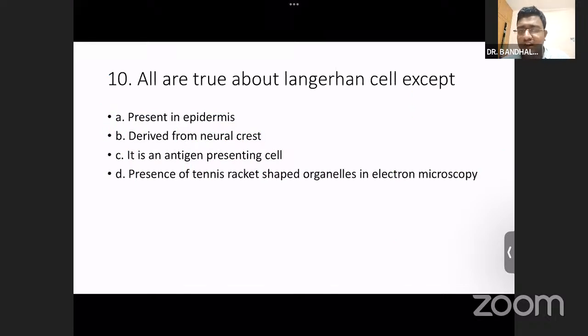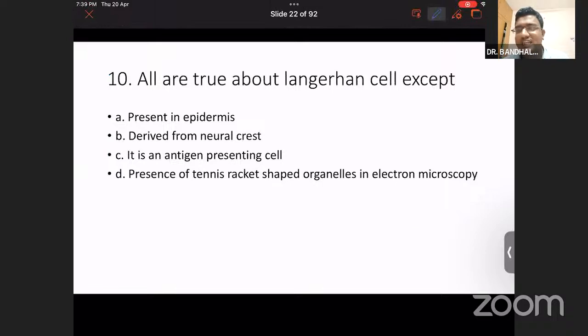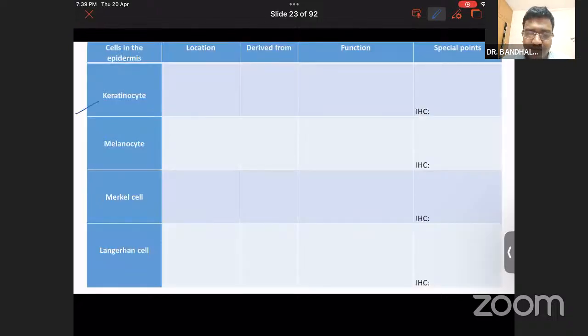The next question is, all are true about Langerhans cell except: A, present in epidermis; B, derived from neural crest; C, it is an antigen presenting cell; D, presence of tennis racket shaped organelles in the electron microscopy. In this, we know there are 4 cells in the epidermis: keratinocyte, melanocyte, Merkel cell, and Langerhans cell.